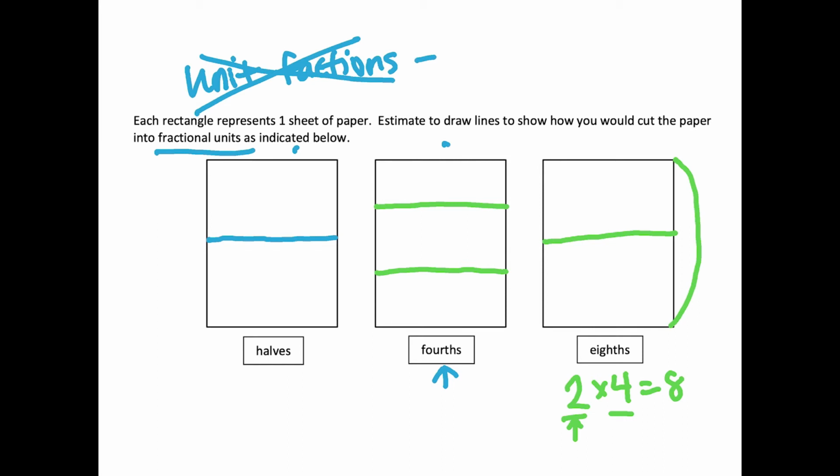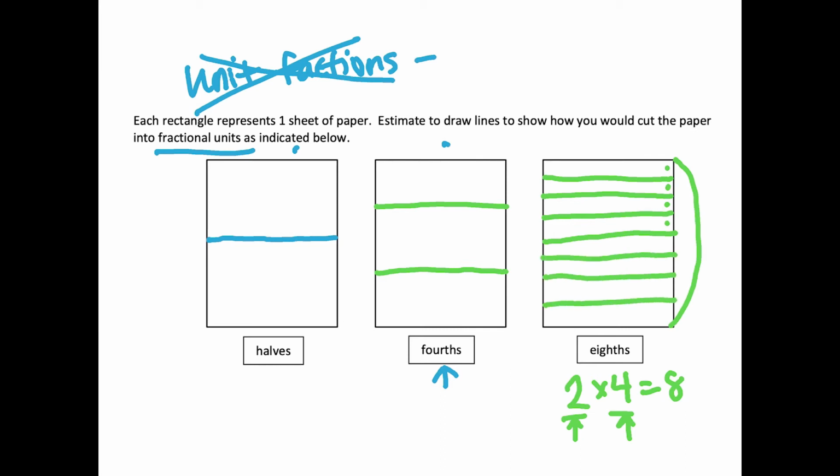So I have 1 half and 2 halves. And then in each of these boxes, I'm going to partition it up into 4 pieces. That means I'm going to have 3 lines up here. 1, 2, 3, which gives me 4 partitioned pieces. And then 3 lines here. 1, 2, 3.